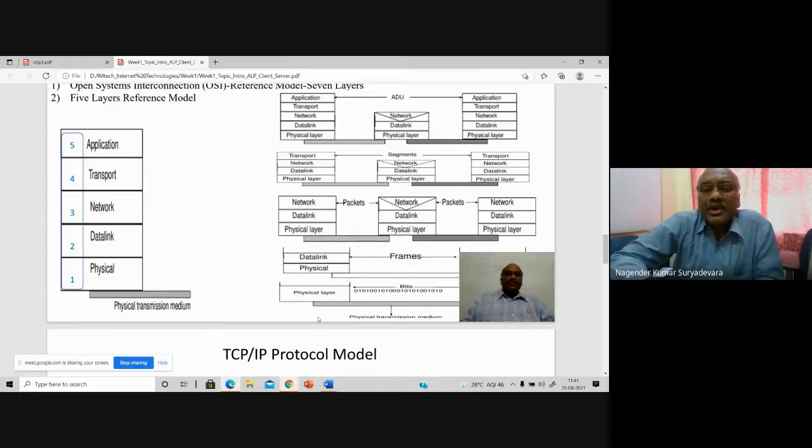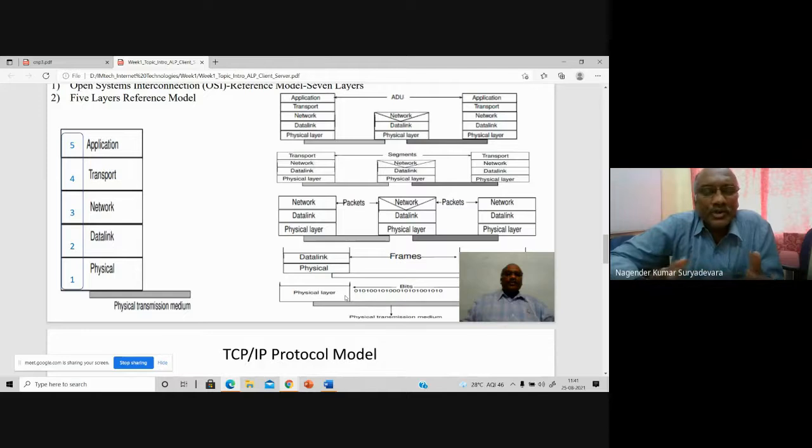At the bottom, you can see the physical layer, which is exchanged with the physical layer of the other computer. Don't think these layers are really hardware units. No, these are just software programs. This is a stack of software programs. A stack is a collection of software programs which are doing certain processes internally in your computer.